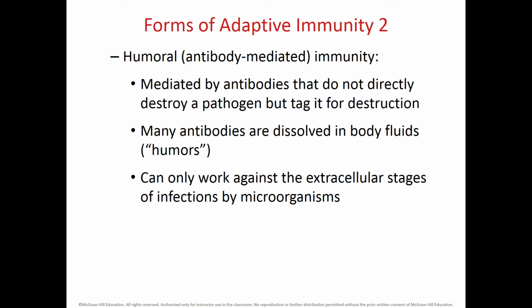So any pathogen or antigen that is found within your body fluids, which will be CSF, cerebrospinal fluid, your blood, your urine, etc., will be attacked by the B lymphocytes.